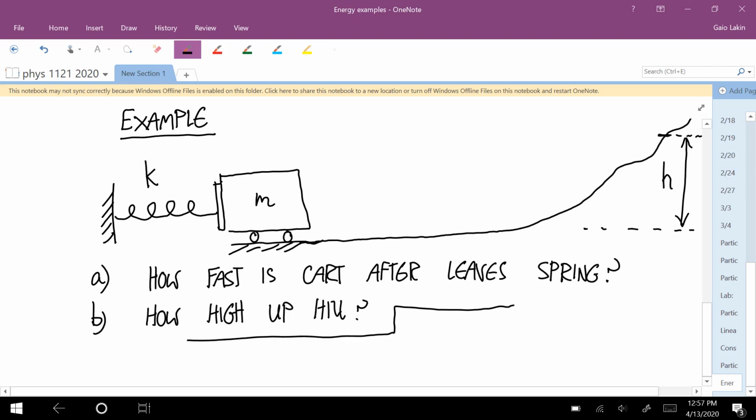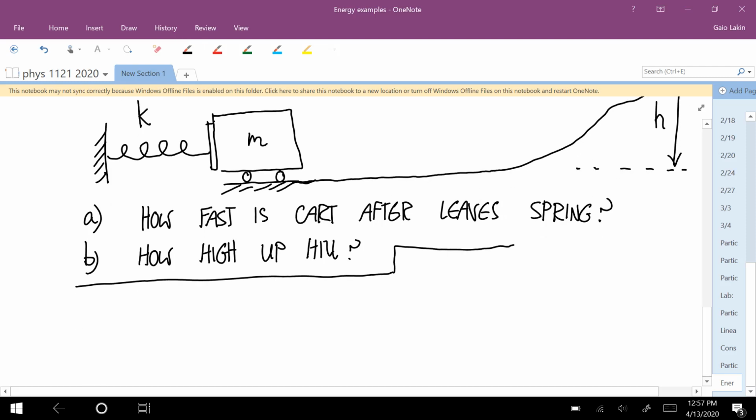Well, again, with all these problems, the way to start to think about it is draw a representative free body diagram and figure out what forces are acting. And I'm going to do two different ones because you can't really draw one free body diagram that's representative of everything here.